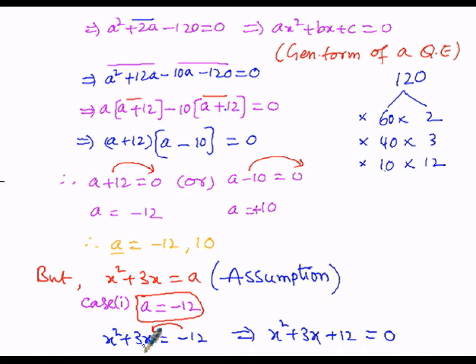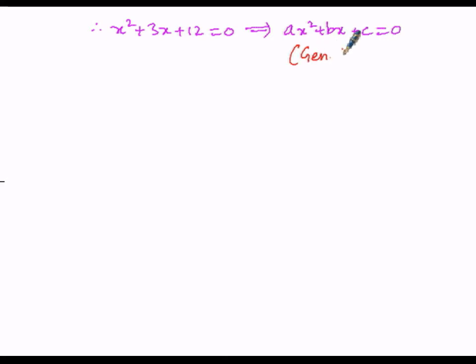Now x square plus 3x plus 12 equals 0 is in the form of a quadratic equation, that is ax square plus bx plus c equals 0, which is nothing but the general form of a quadratic equation.